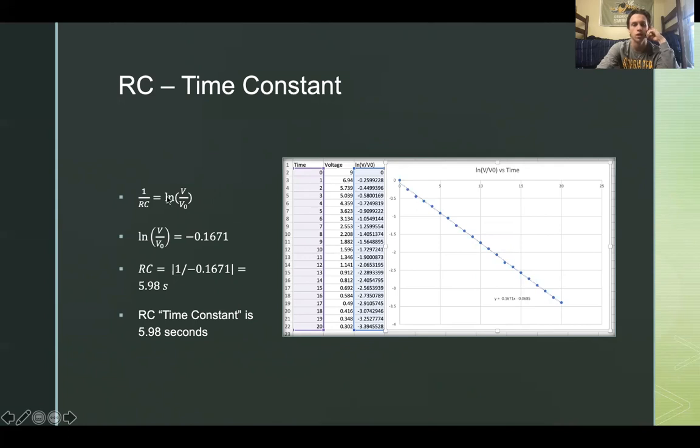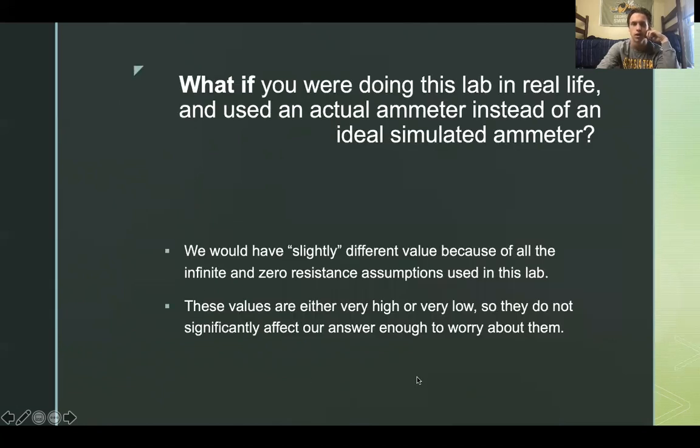Then we took the natural log of all of that, which is equal to 1 over our RC. Once we calculated this using a line of best fit for ln of V current divided by V initial, we divided 1 by that value to obtain the time constant, which in this case was 5.98 seconds.